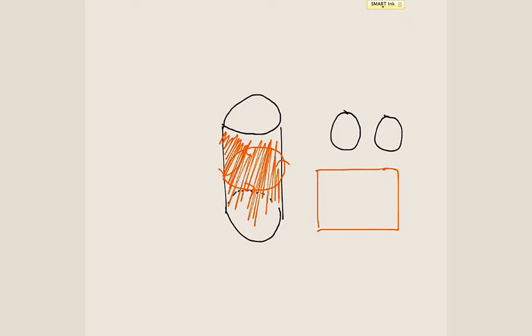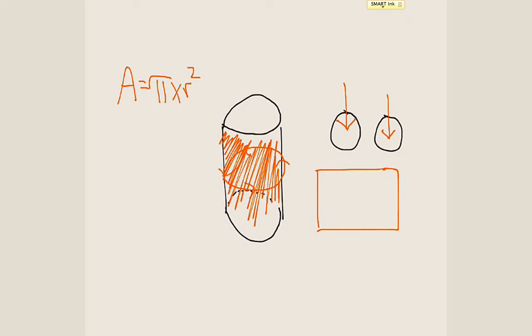So if we want to find the area of a cylinder, what we need to find is two circles. We have two circles, one that's right here and one that's right here. Essentially we need to find the area of a circle, and we know what the area of a circle is. It's pi times r squared.